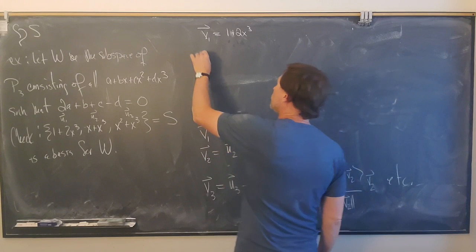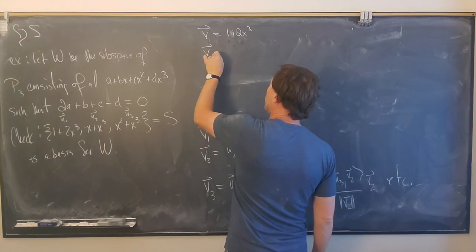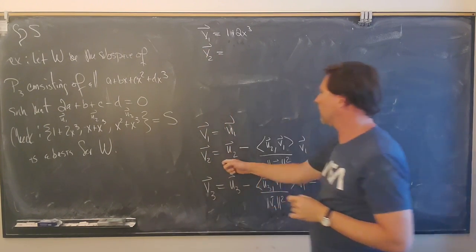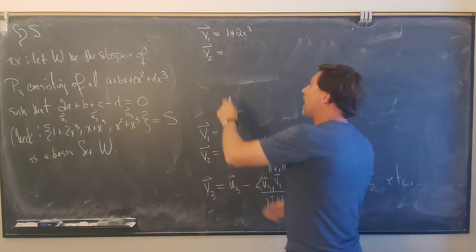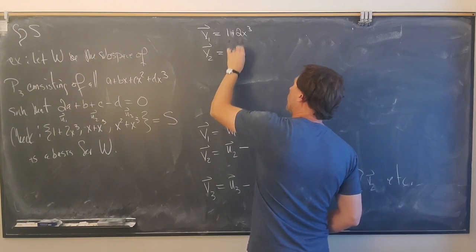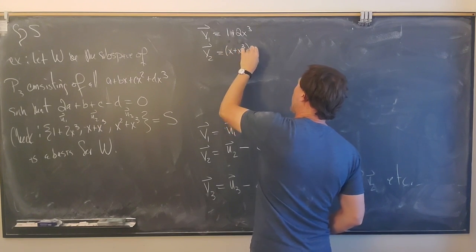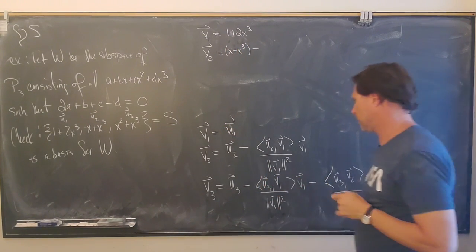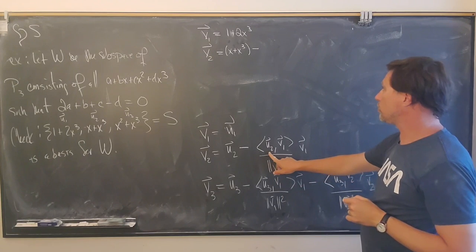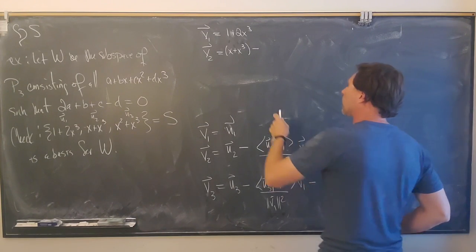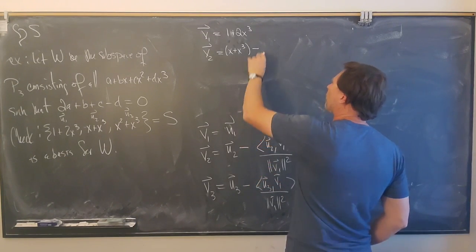Now, V2 is going to be, so let's look at the formula. I take U2, so that's x plus x cubed, and then I subtract off U2 inner product with V1. I'll write out all the pieces here.